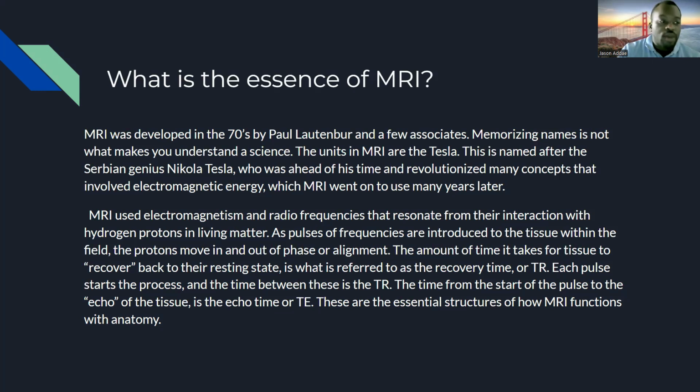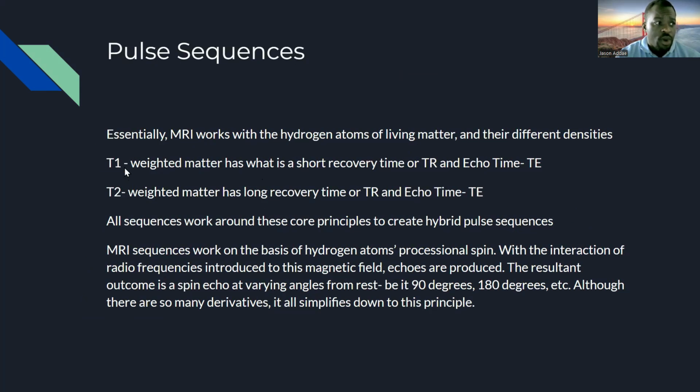It's going to have a longer echo time. These are the essential structures of MRI. T1 weighted matter has a short recovery time, short TR, short TE. T2 weighted matter has a long recovery time, long TR and TE. And all sequences work around these principles.